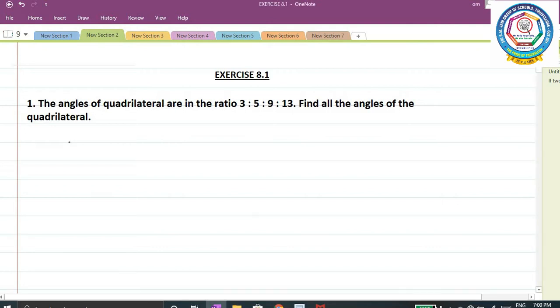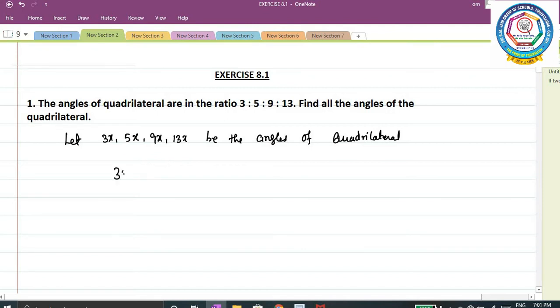So let 3x, 5x, 9x, 13x be the angles of the quadrilateral. We know that the sum of all the angles of a quadrilateral is 360 degrees.